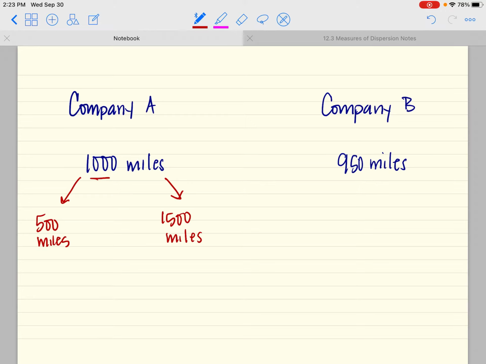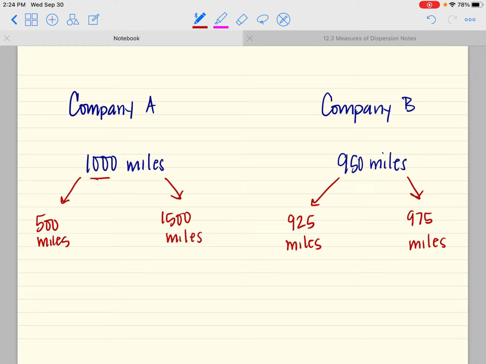So even though there's an average of 1,000, you've got a 50-50 shot of either only lasting 500 or lasting 1,500. Okay? And then let's say for company B, their average was 950 because half of their cars lasted 925 miles, and the other half of their cars lasted 975 miles. So again, a 50-50 shot of either being at 925 or 975 to put that average at 950.